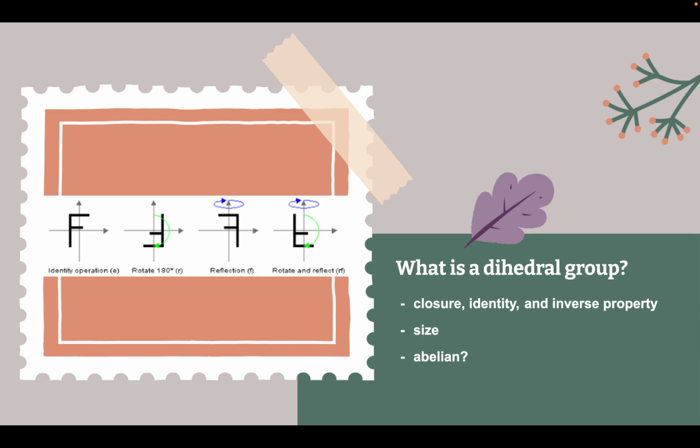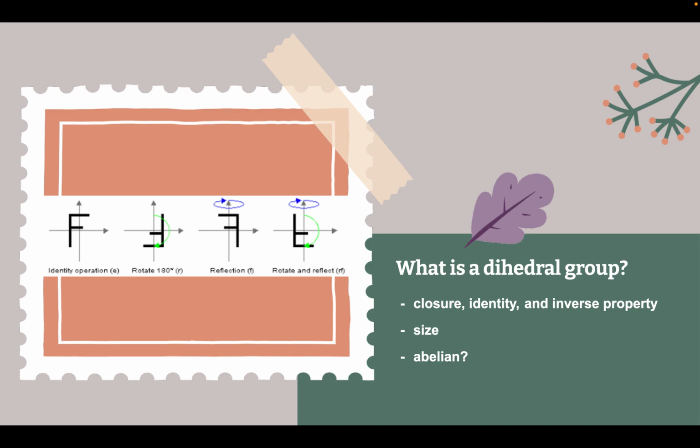We also established the size of a dihedral group, which is 2n, where n is the number of sides of the polygon. We proved this by showing that there were n ways of performing a rotation. For example, in a square, there would be four ways to perform a rotation before it went back to the original configuration.